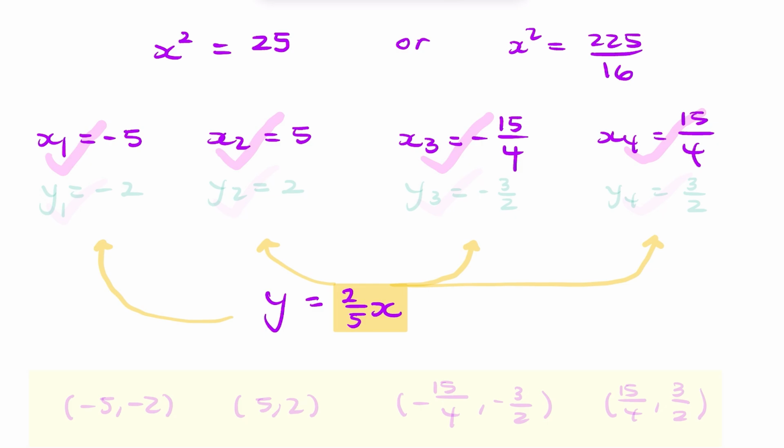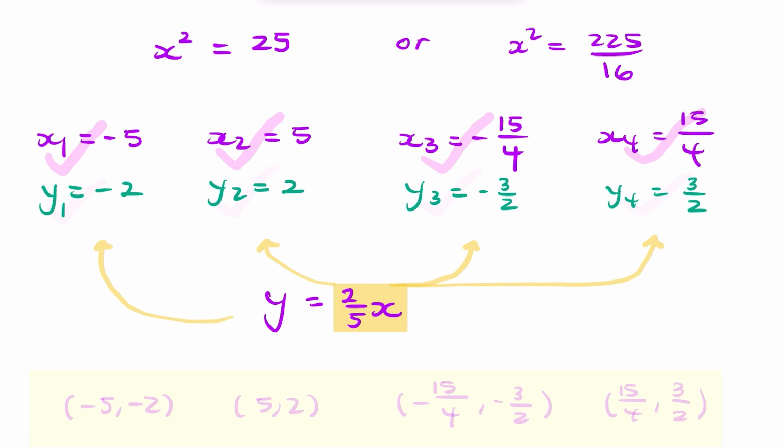So 2 over 5 times -5 is -2. So that's y1. 2 over 5 times 5 is +2. 2 over 5 times -15 over 4 is -3 over 2, and y4 is +3 over 2.